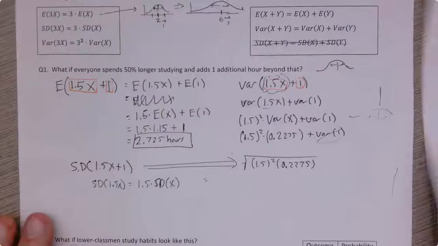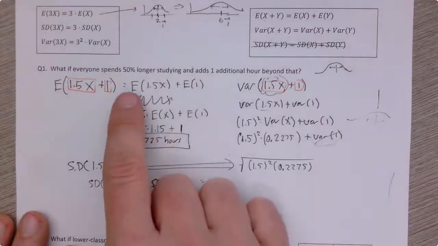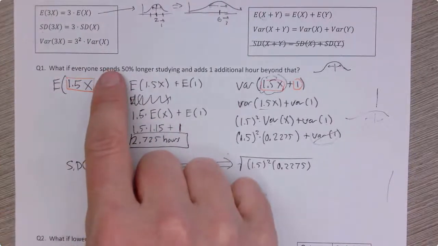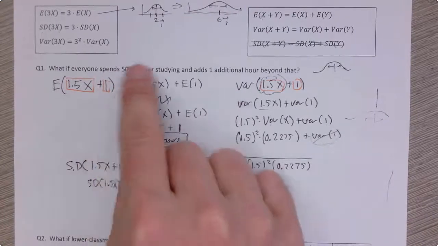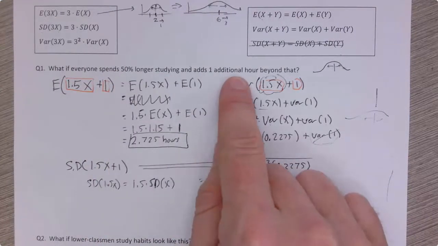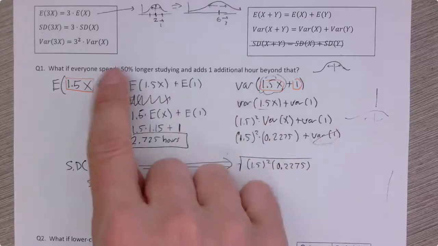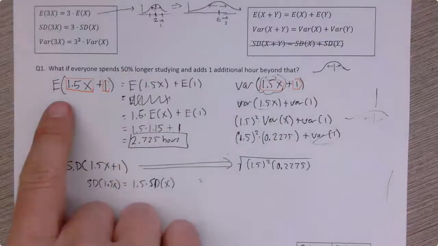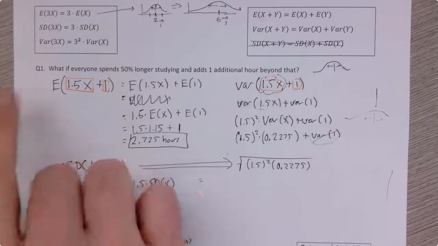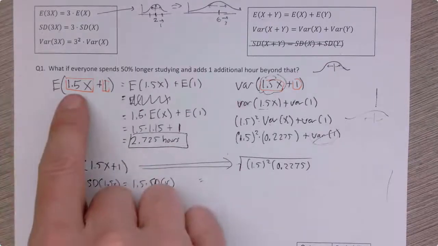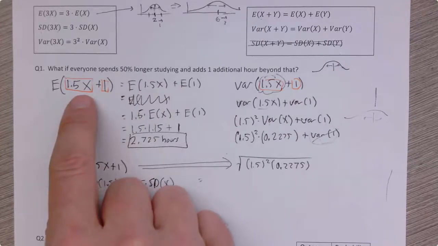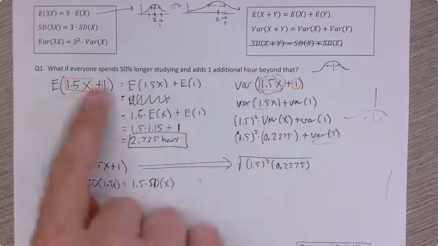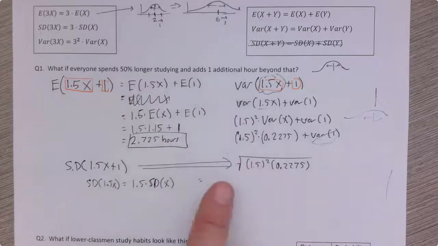Maybe they say, let's take the random variable, which is study time, and multiply it by something and add and subtract some stuff. Maybe we add it to another random variable. So you'd write your expected value or variance or standard deviation of some mathematical expression inside, and then use these equations to break the complicated thing into smaller pieces, and evaluate each of the pieces separately.